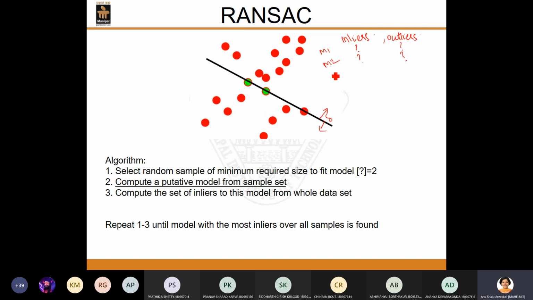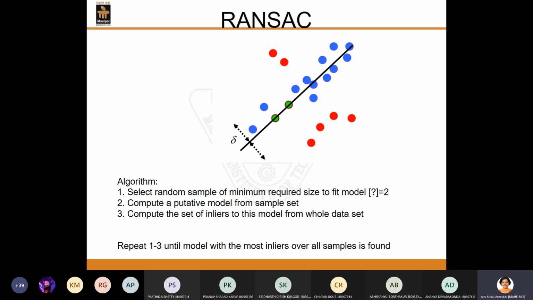Again you randomly select 2 points and find out how many inliers and outliers are present. Like that, this is repeated.